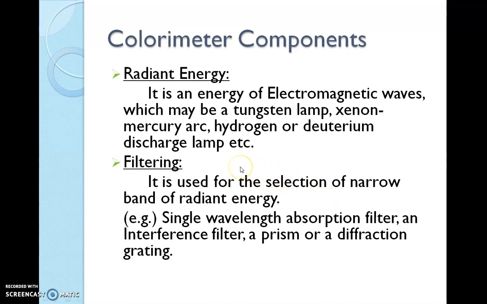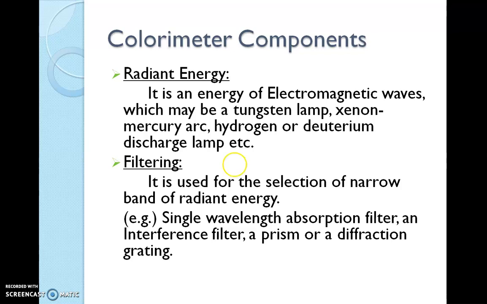So it is an energy of electromagnetic waves which may be a tungsten lamp, xenon mercury or hydrogen or deuterium discharge lamp, etc. So for this source of radiant energy, so we use light emitted from lamp fire and then light generated from a light bulb. So these are all the sources of radiant energy.